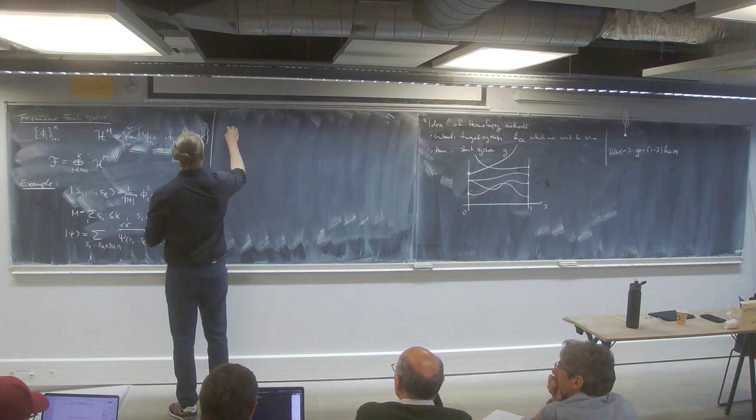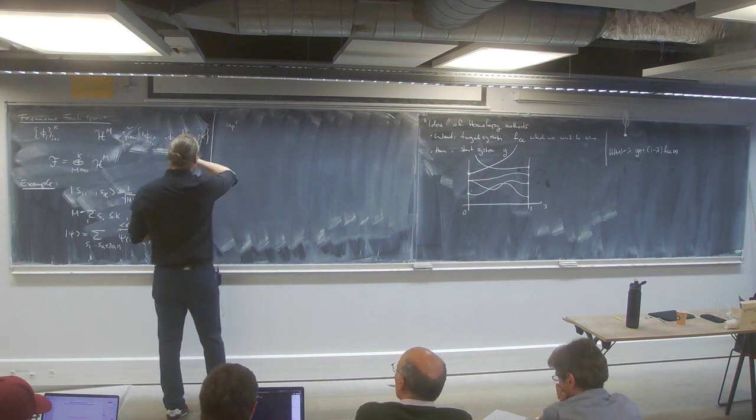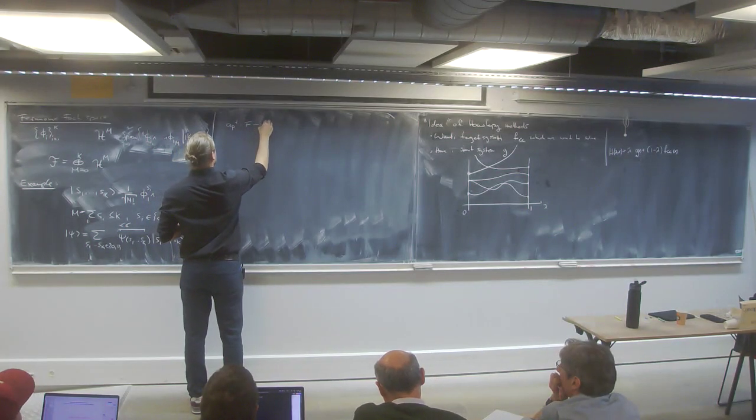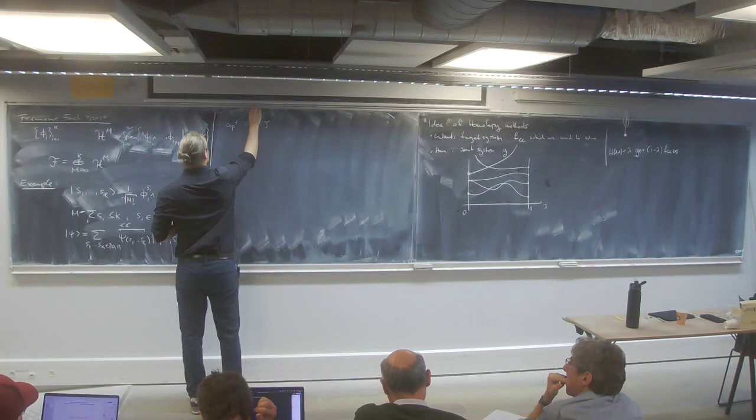And then we can define a_p dagger as a function that goes from the Fock space into the Fock space.